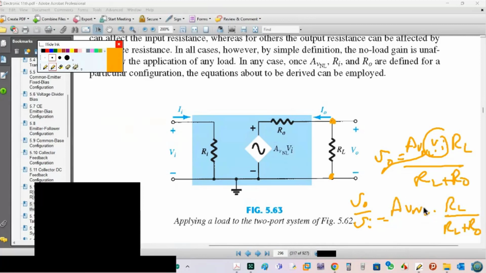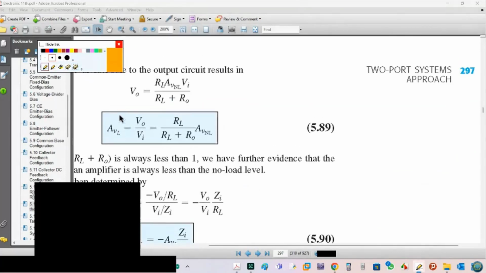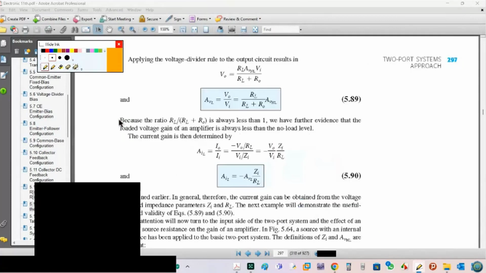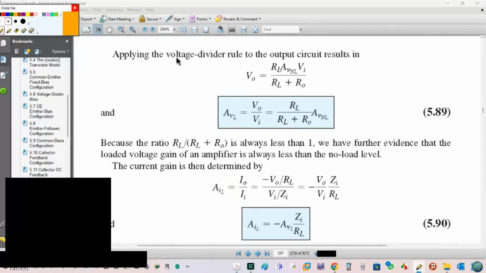So this is AV load. Let's see our book and confirm this is correct. Yes, sure. Based on voltage divider, AV load is VO over VI equal AV no load multiply RL over RL plus RO. Sorry for this one.